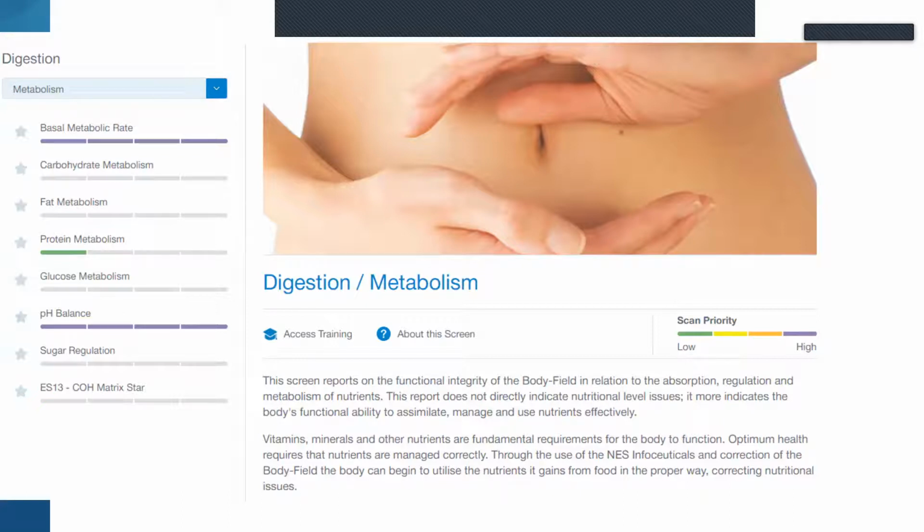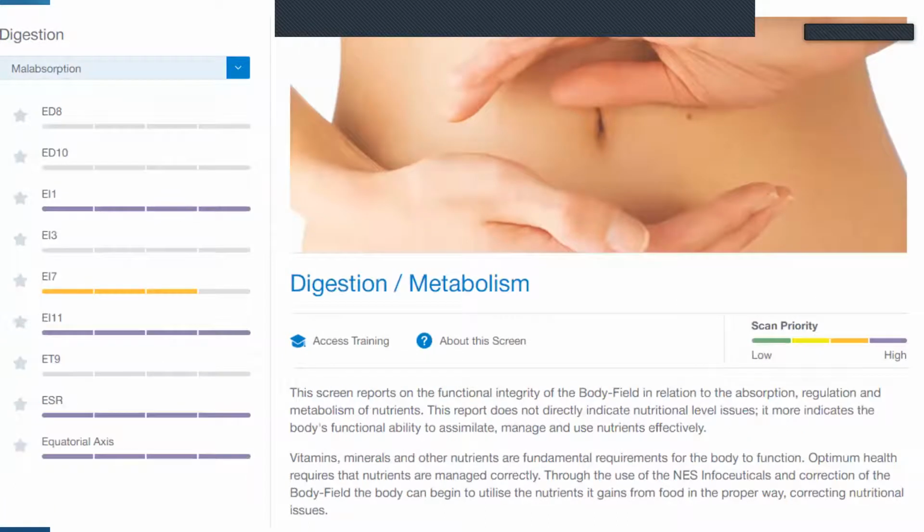We can all make some changes, can't we, from time to time? But it was about absorbency. So base metabolic rate and pH balance, and then malabsorption. So we've got that link to integrated infoceuticals on large intestine, EI7, the gallbladder, EI11, stomach. There's that ESR again, and the equatorial axis.